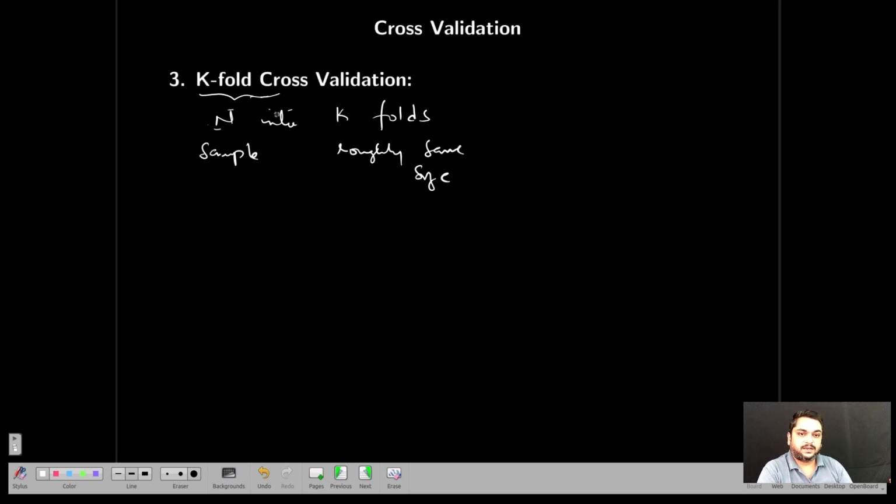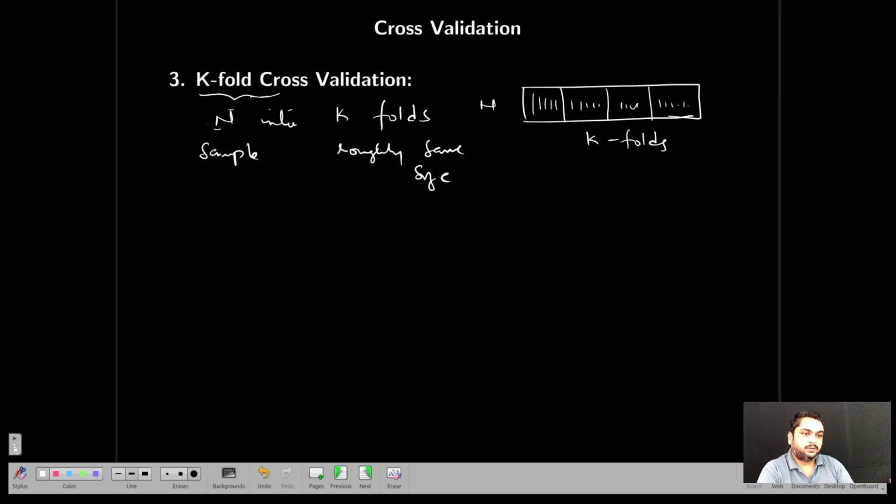So you divide n into k different folds. This is how I can visualize my n total samples. You divide these samples into k parts or k folds, each containing some data points.